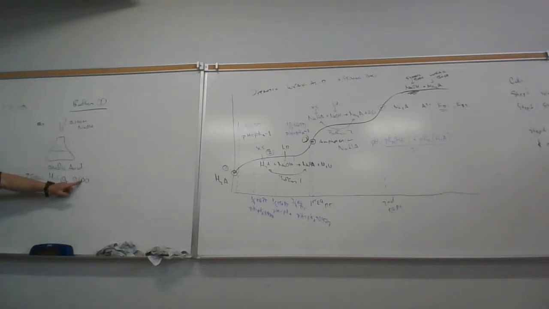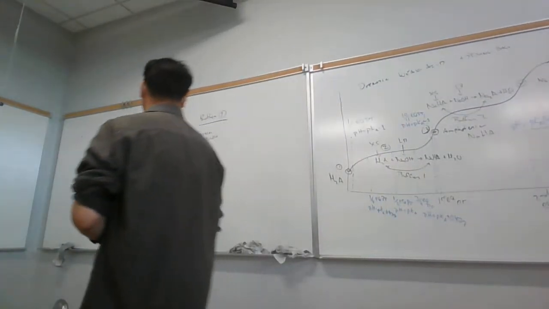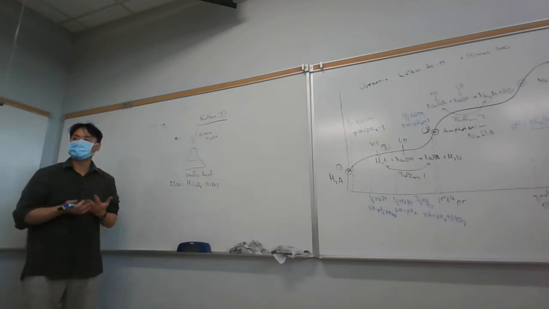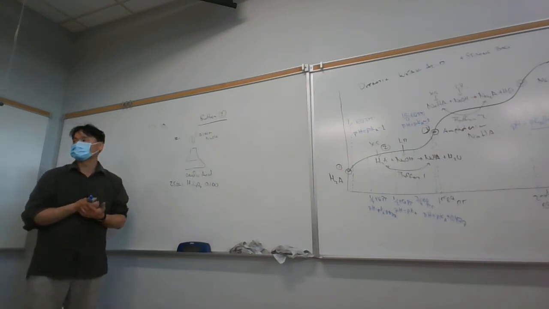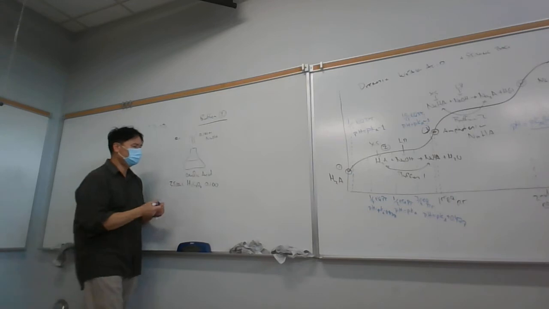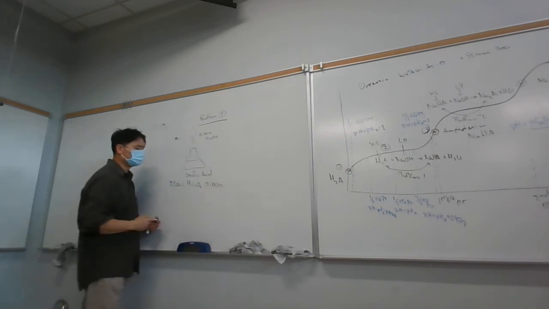To reach the first equivalence point would take how many milliliters of sodium hydroxide? Well, I need equal amounts of acid and base to hit the first equivalence point. Millimoles might be kind of useful.